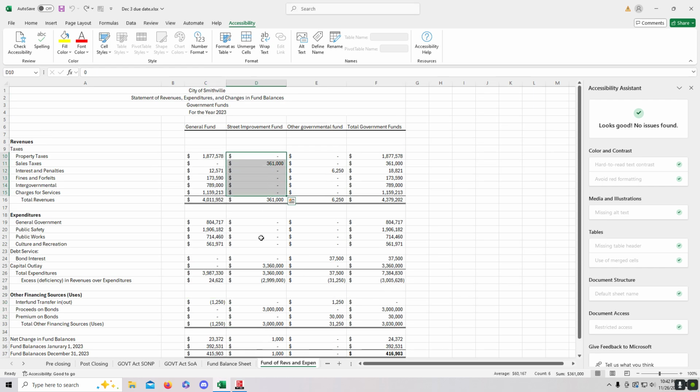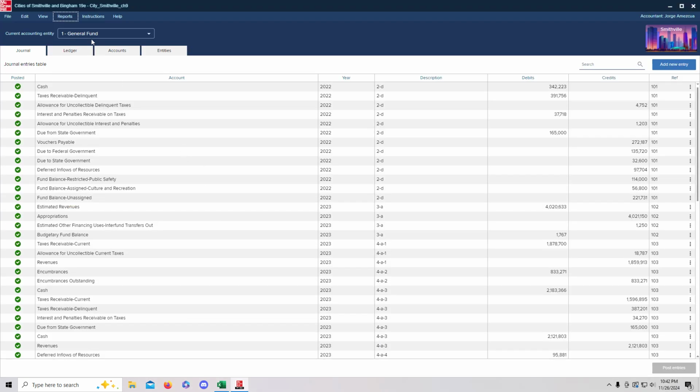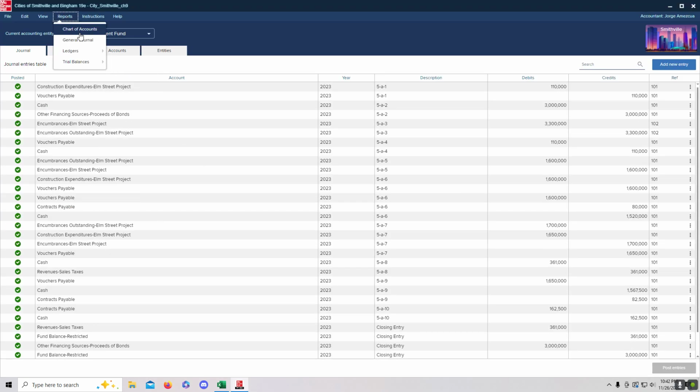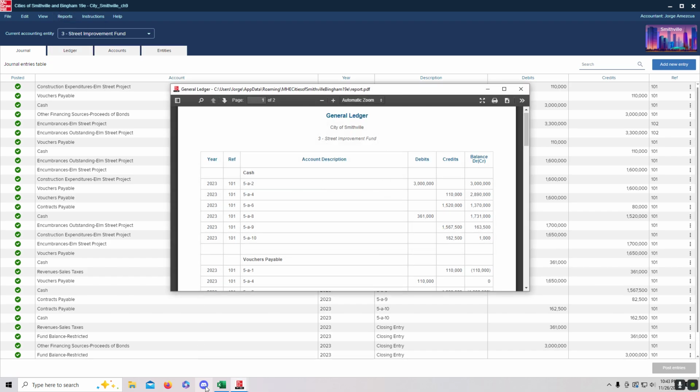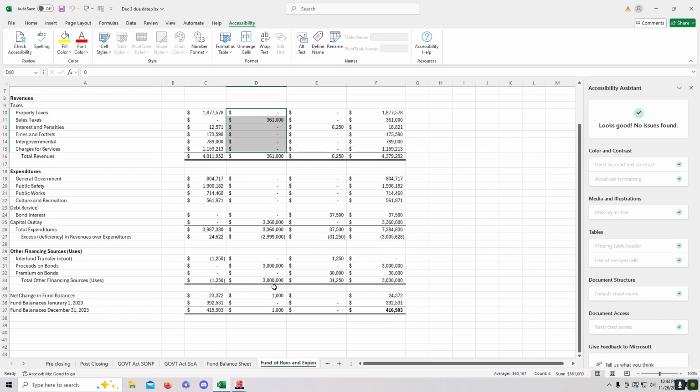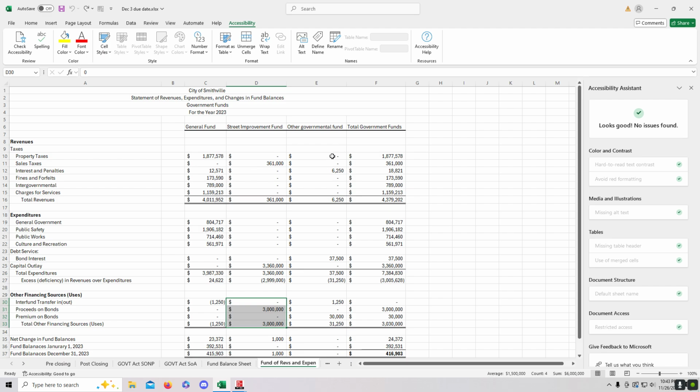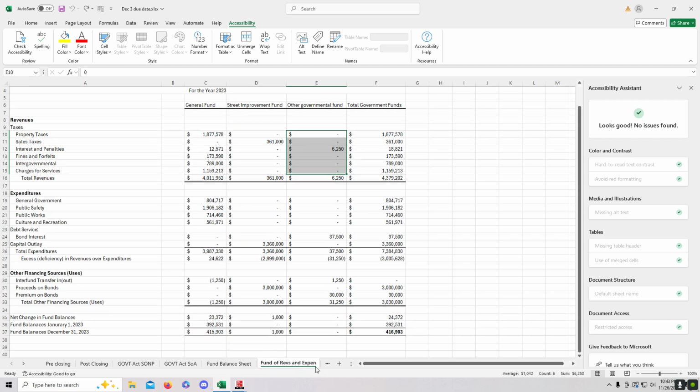And these numbers were gotten from the Street Improvement Fund General Ledger, and so on and so forth. These are all from the General Ledger. This as well.